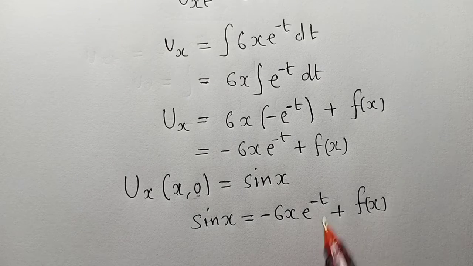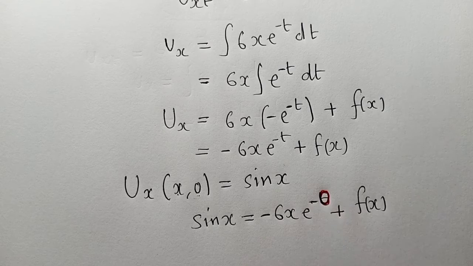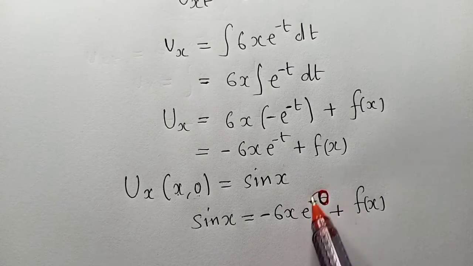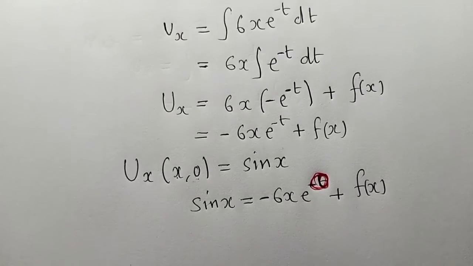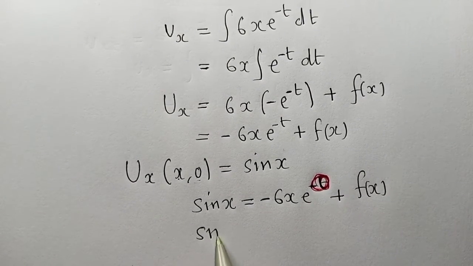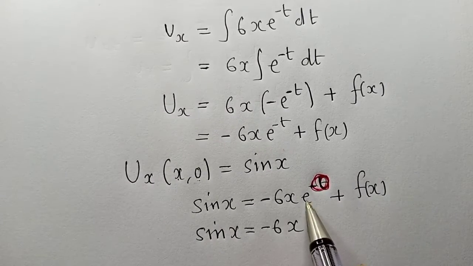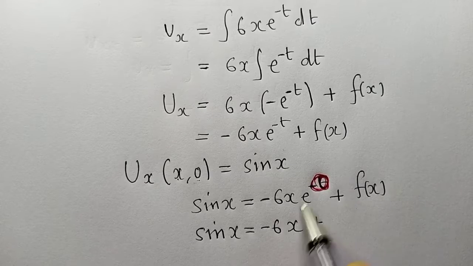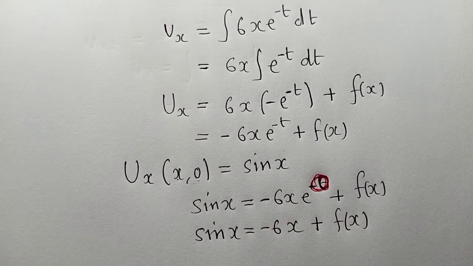So where are we able to see a t? It's right here. So this t will be equal to 0. So it's e to the power 0. So this e to the power 0 is the same as what? 1. So it will be sine x is equal to negative 6, this is a 1, don't change anything, plus f of x.